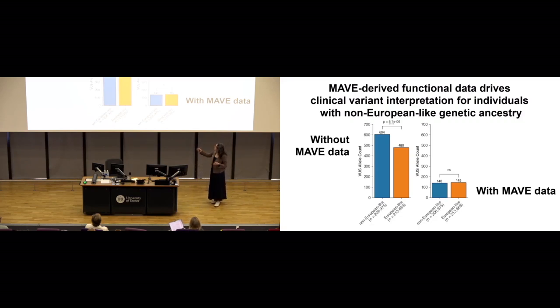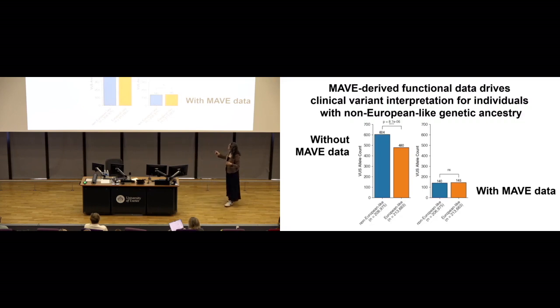And you can see that before we added that functional data to the clinical variant interpretation framework, we had this bias where, again, there were more variants of uncertain significance in the non-European-like population.